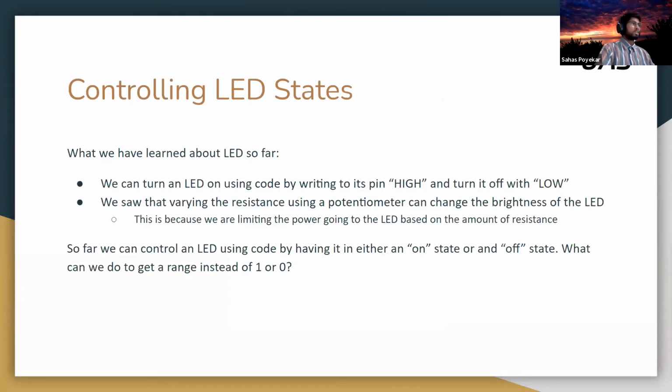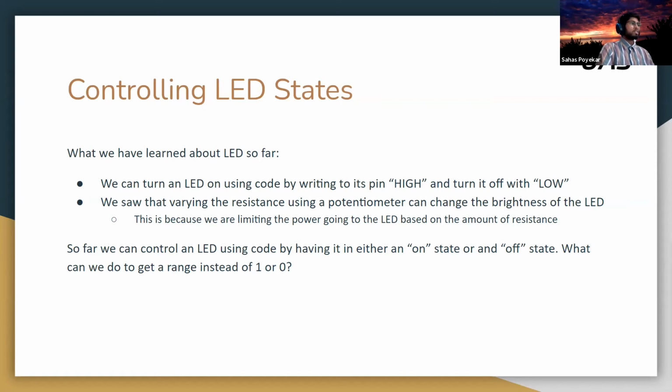So, controlling LED states. What we've learned about LEDs so far is that we can turn an LED on or off by writing to the particular pin we assign it in Arduino code. If the pin is set to high, the LED will turn on, and if we set it to low, it'll turn off.